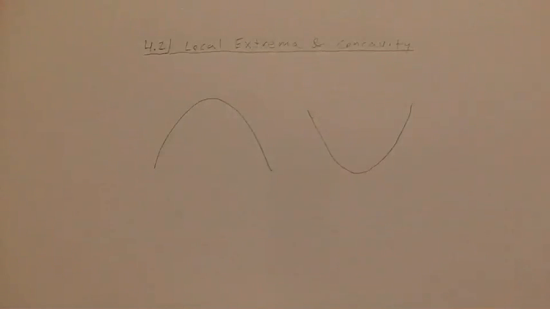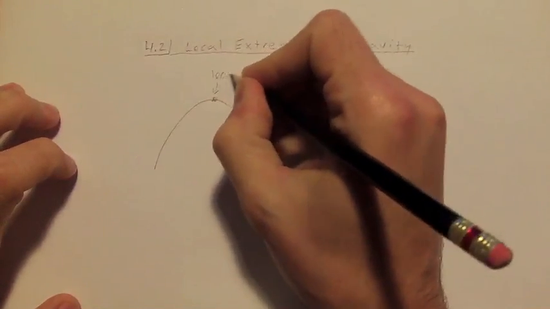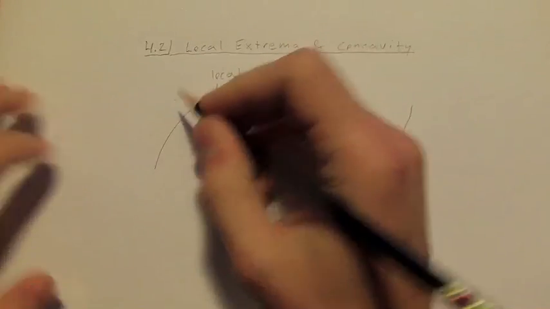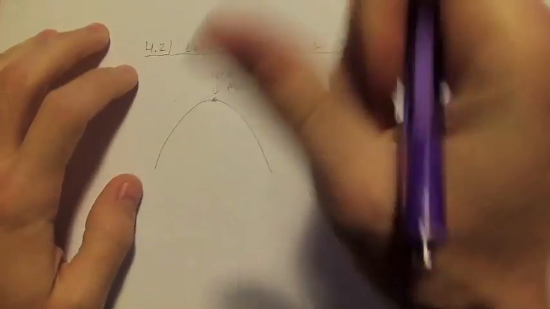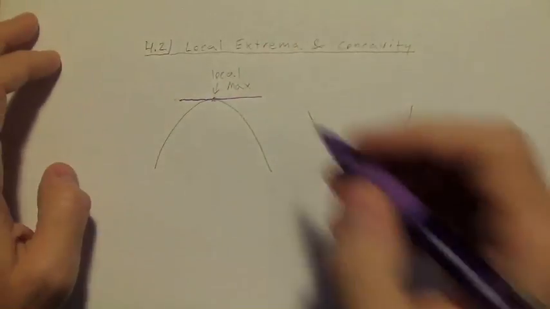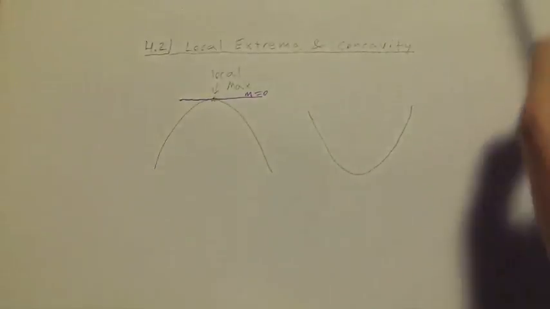Well, it's actually very simple. You see it at a local max. This is of course a point where the tangent line is horizontal, so the slope is 0. That of course gives us the critical point.